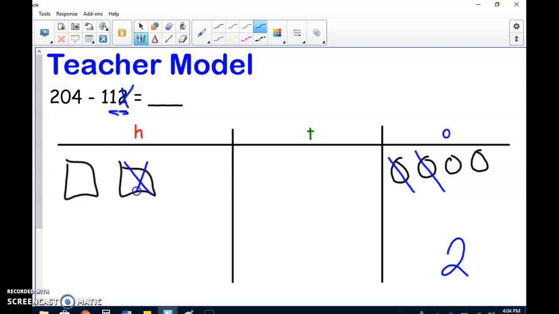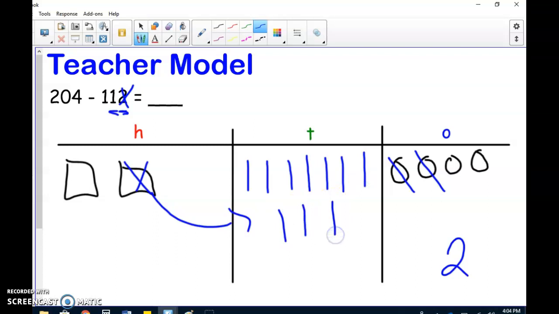I'm going to grab 10 tens. 1, 2, 3, 4, 5, 6, 7, 8, 9, 10, because we learned that 10 tens is equal to 100. So now I can take away 1 ten. And when I take away 1 ten, I'm left with 1, 2, 3, 4, 5, 6, 7, 8, 9 tens.